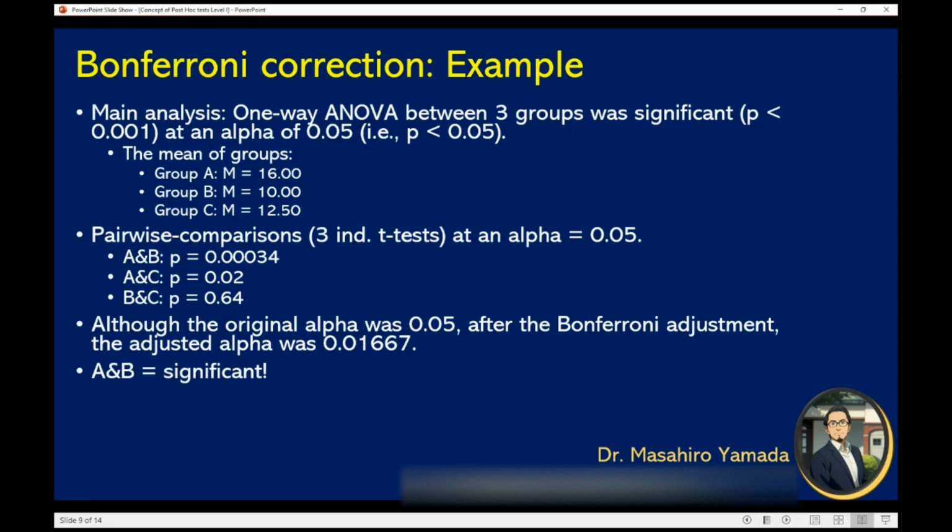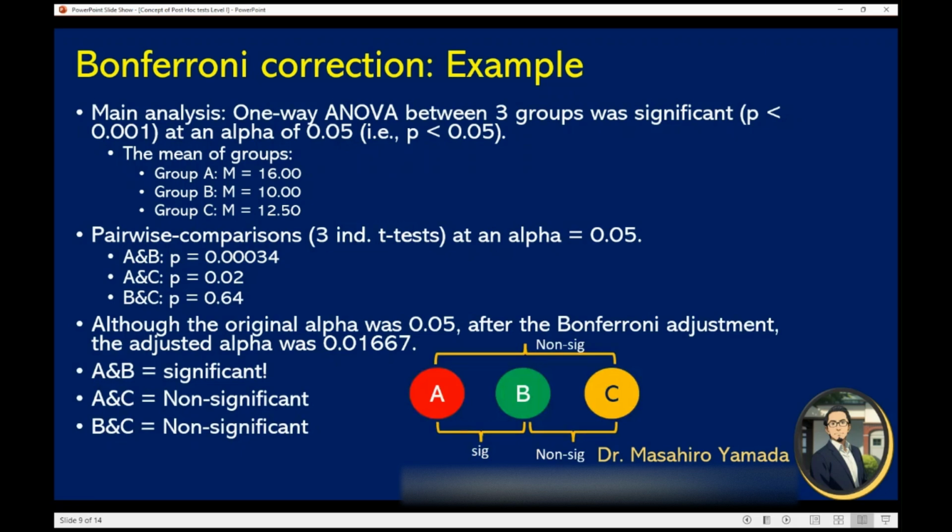So the only p-value that was less than this number is between A and B. So you conclude that there was a significant difference between group A and B, but no difference between A and C or B and C. Basically, what caused the significance in one-way ANOVA was the difference between A and B.